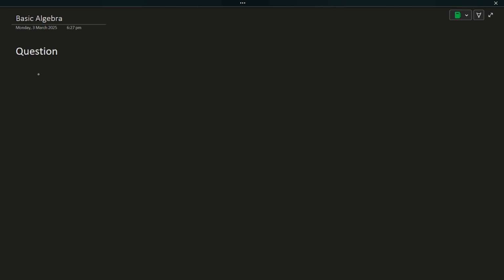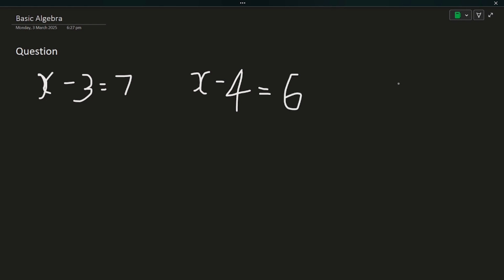Let's go. So this one's gonna be the x, the negative ones. Basically the subtracting one. x minus 3 equal to 7. Let's go to the next one. x minus 4 is equal to 6.